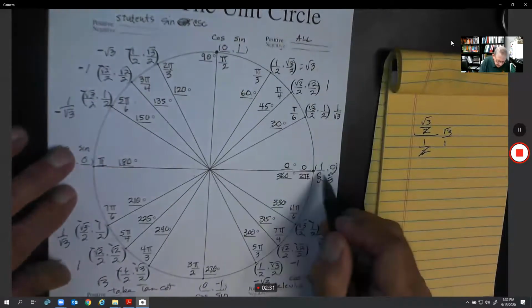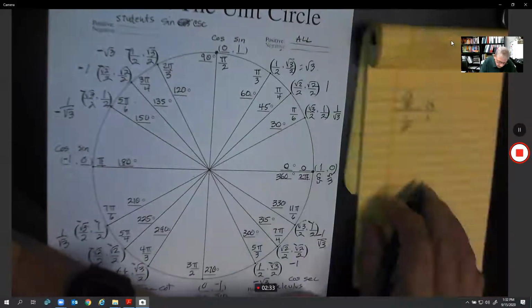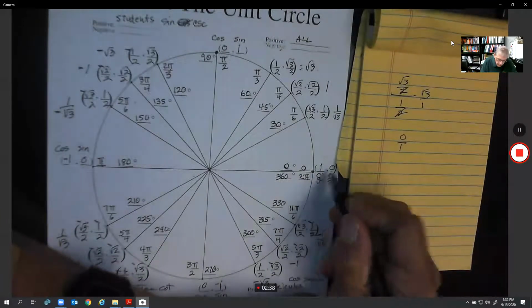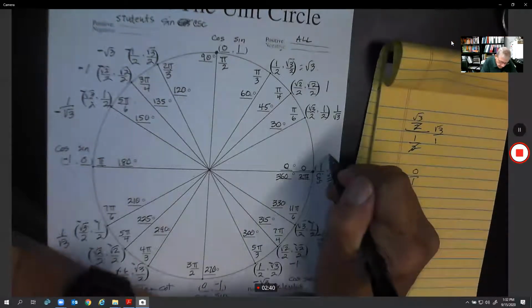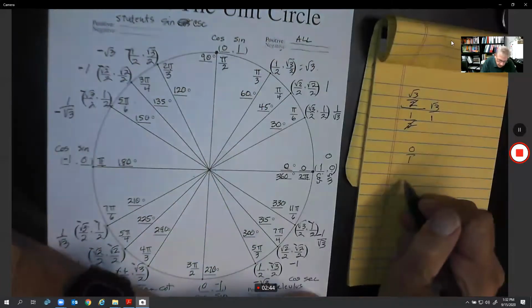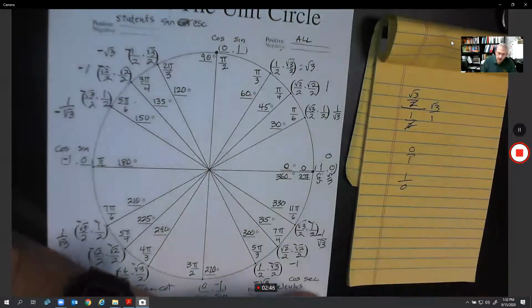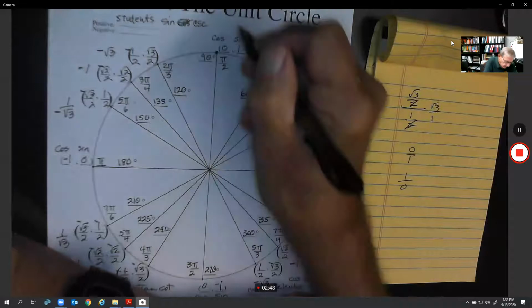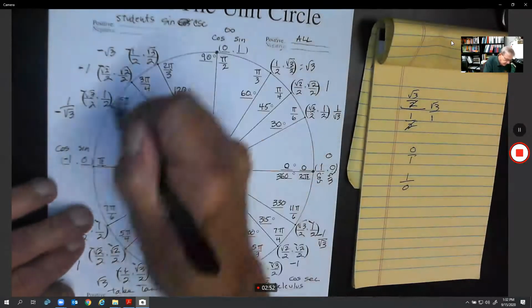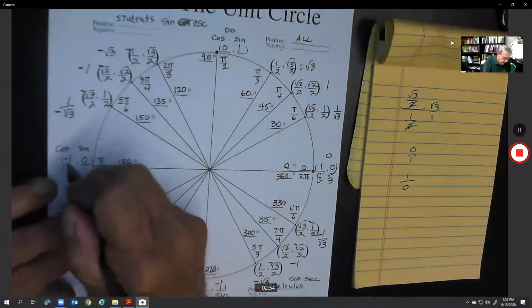Well, you're saying, what about these? Okay, well, it's sine over cosine. 0 over 1 would be 0. Over here, you got 1 divided by 0. Can you divide 1 by 0? No. So it's infinity. Over here, it's going to be 0 divided by negative 1.